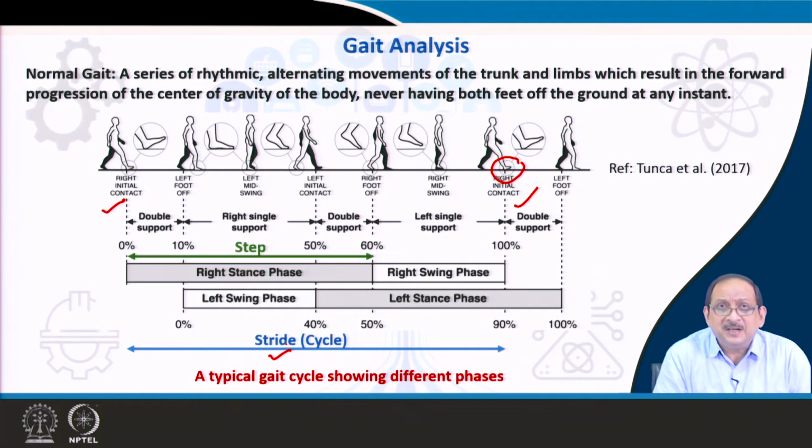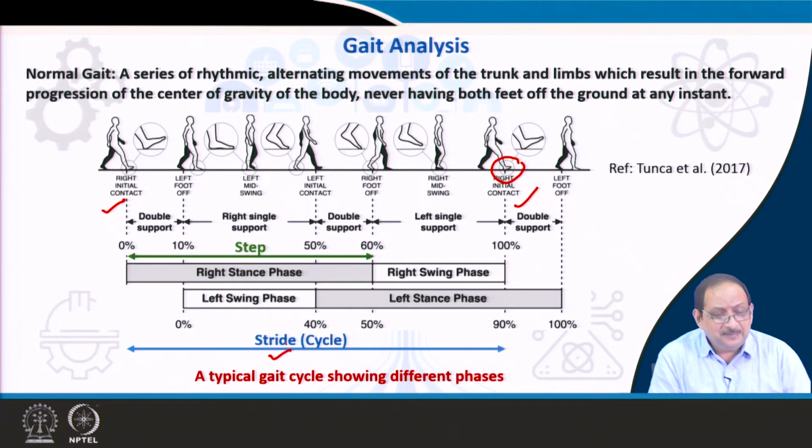The full gait cycle is represented by the stride as indicated in the figure, consisting of the right heel contact to the next right heel contact as shown in the figure.